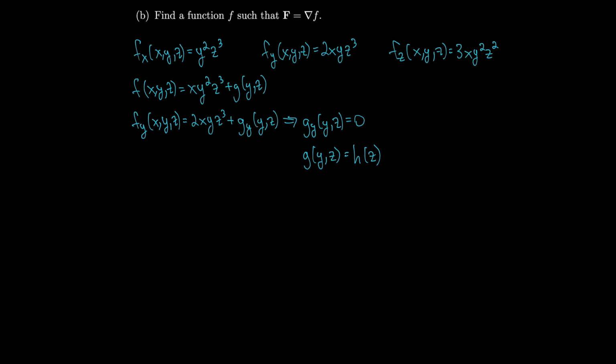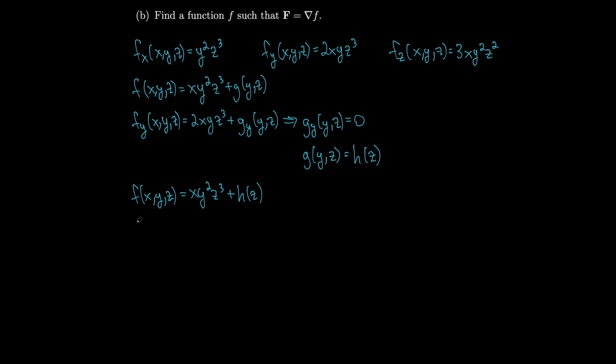So that means that we could fill in a little bit more for our potential function now. We know that it's equal to xy squared z cubed, but instead of this function of y and z, now we know that it's just a function of z. There can't be any y's in it.